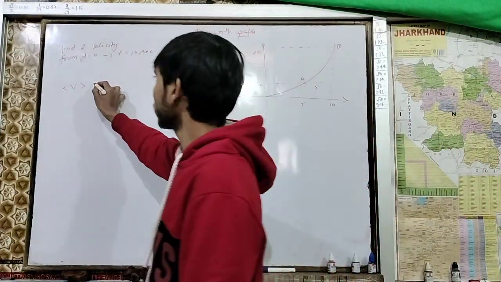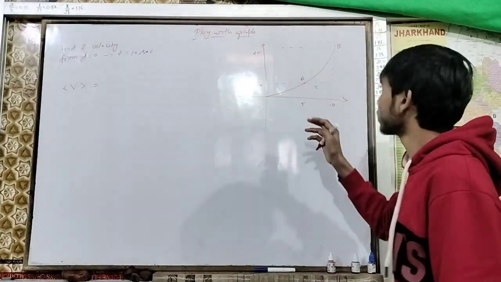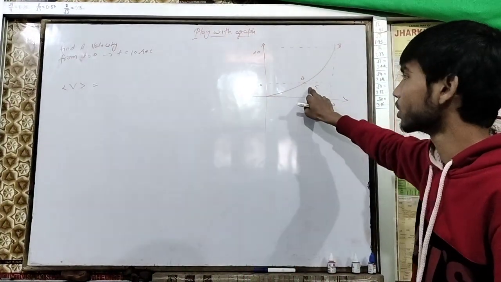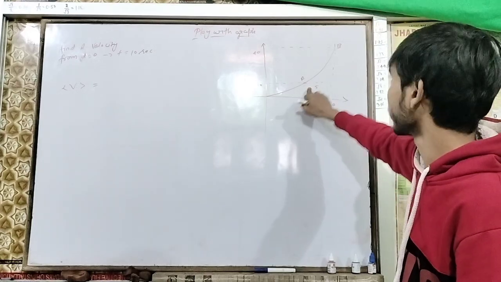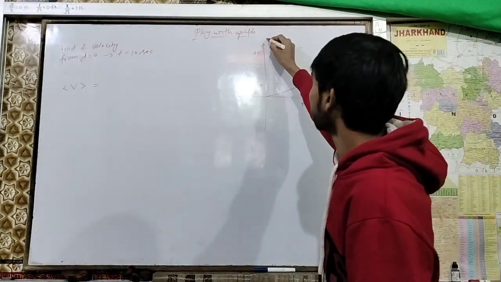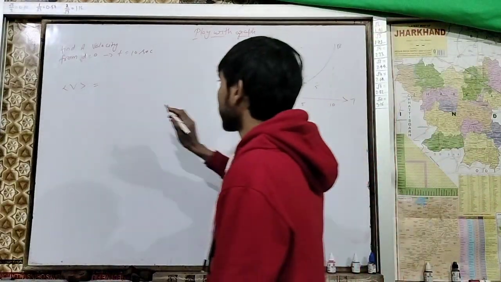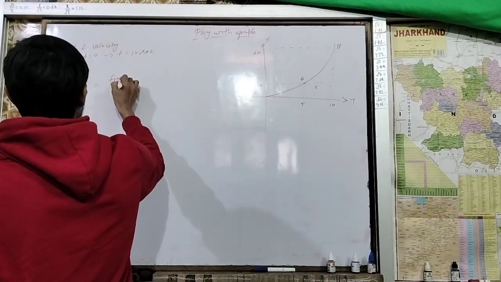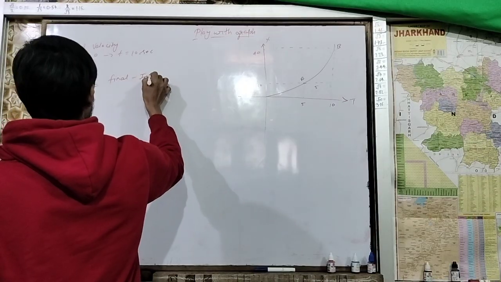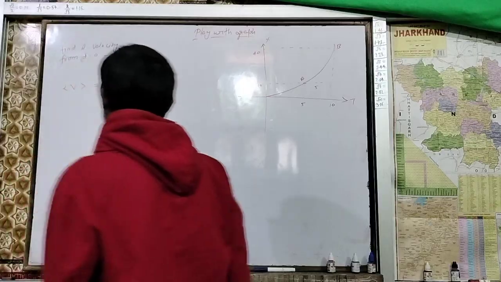So this is equal to final minus initial, where this is our x and this is our t. Final minus initial upon total time.